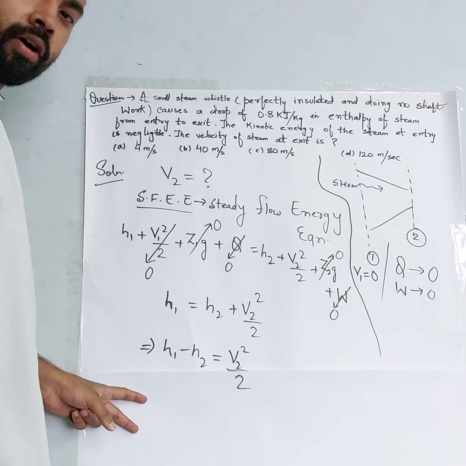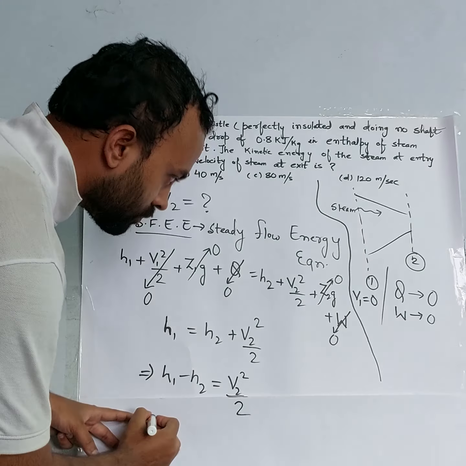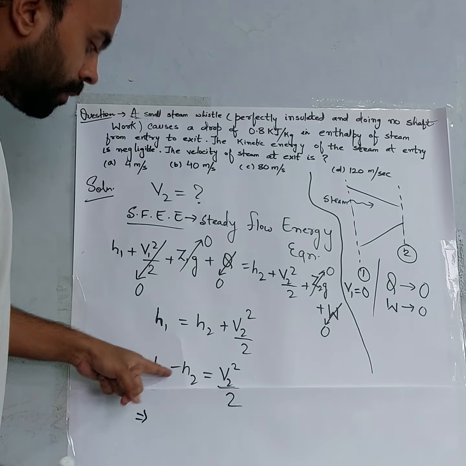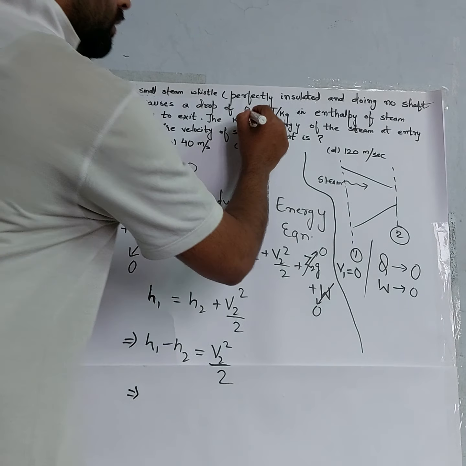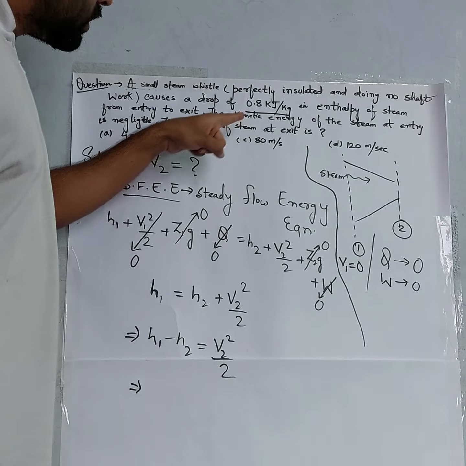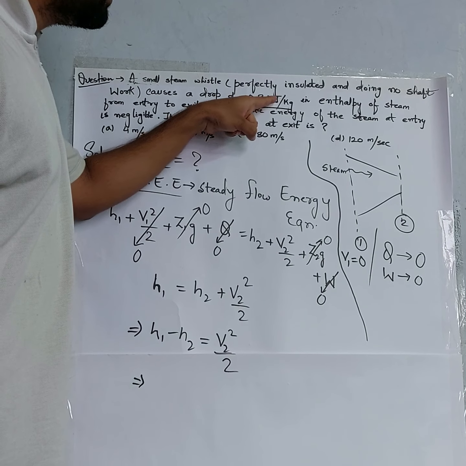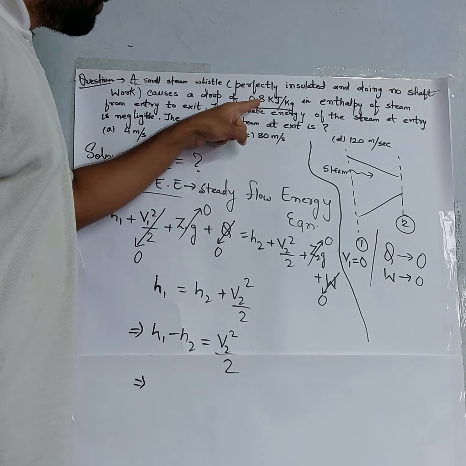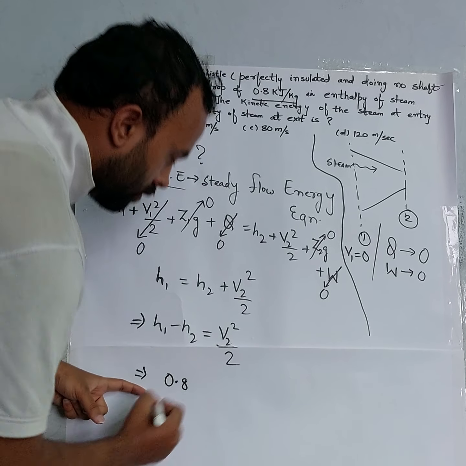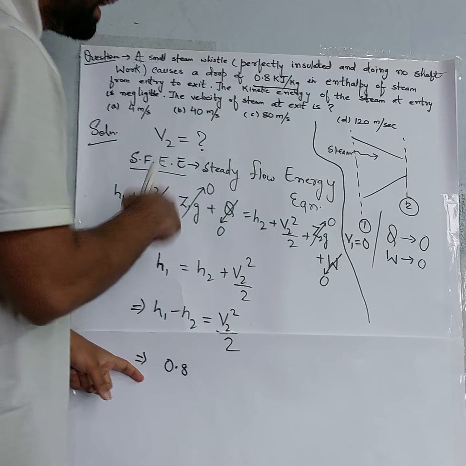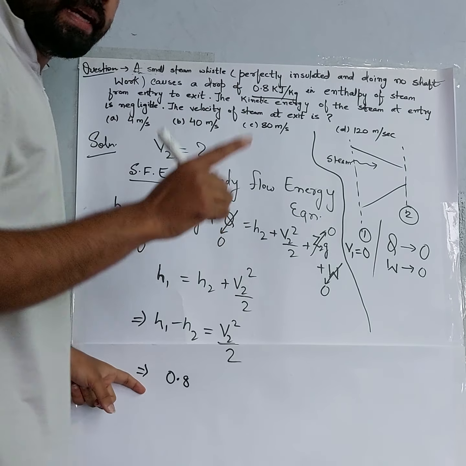Now see here, the drop in enthalpy. How much is the drop in enthalpy? It is directly given, 0.8 kilojoule per kg. Kilo is there, so we have to multiply with 10 to the power 3.